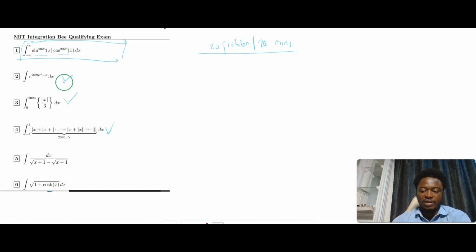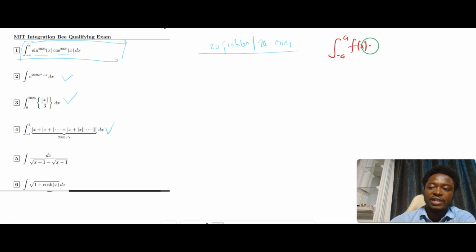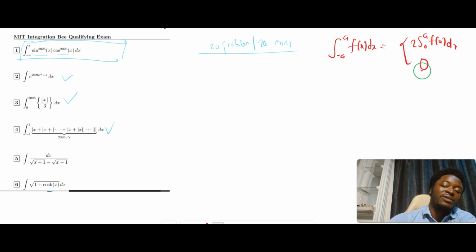Now, to evaluate this integral, you need to understand that the integral over a symmetric interval of f of x dx is equal to, number 1, twice the integral from 0 to a of f of x dx if f of x is even, but it's going to equal 0 if f of x is odd.